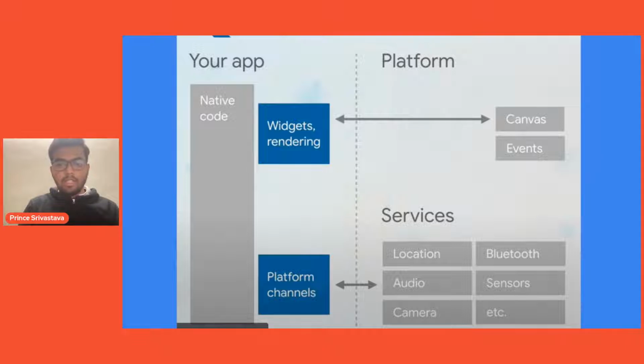Earlier, teams needed Android developers and iOS developers separately, but now with multi-platform technologies emerging, Flutter is really a good way to go for multi-platform apps that can run on Android, iOS or web.